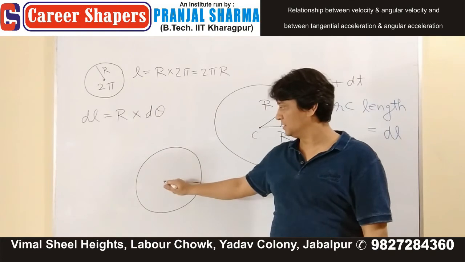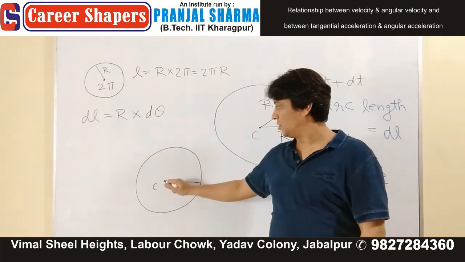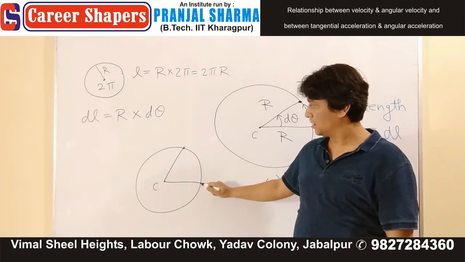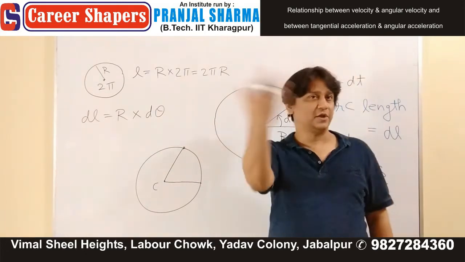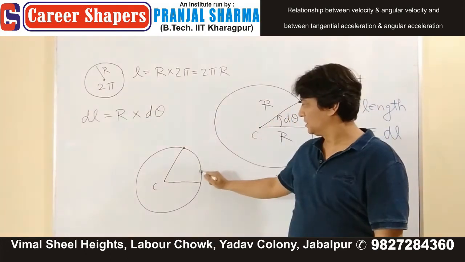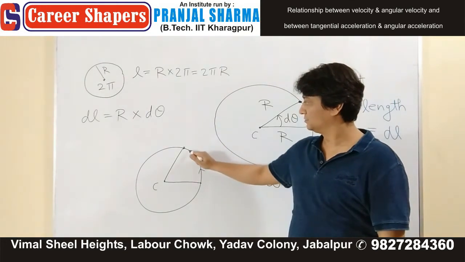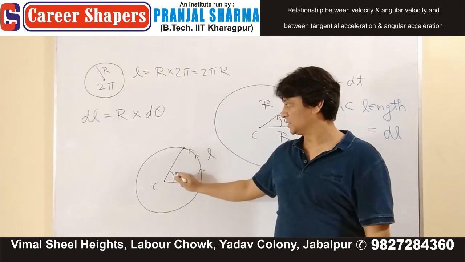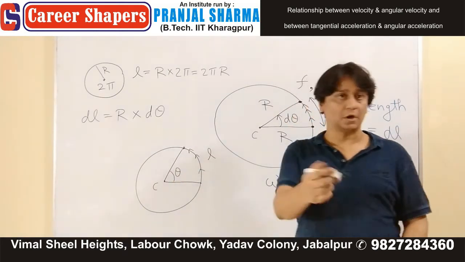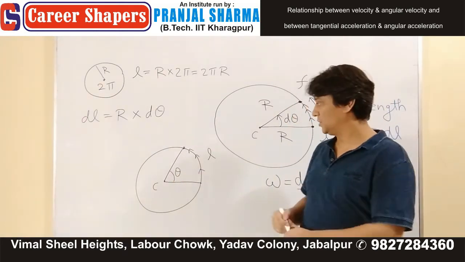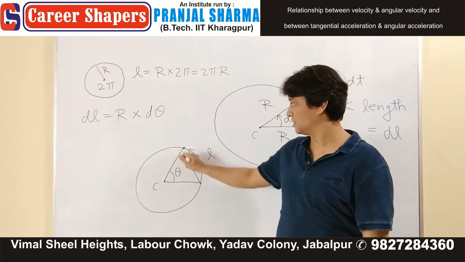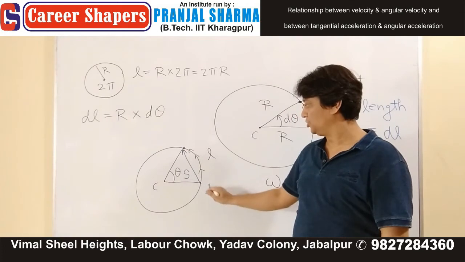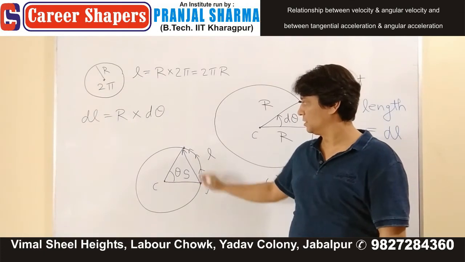This is the center. The object came from here to here, some 80 degrees or so. This is the arc length, which is L. This is angle theta, which is no longer a small angle. And this is displacement. Initial, final.